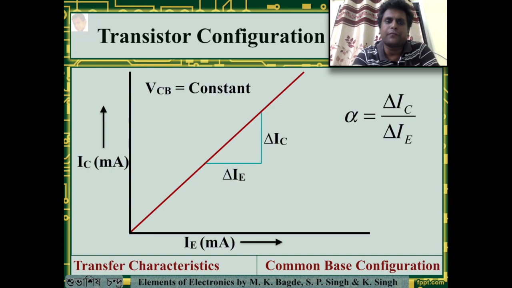Typical values of this common base mode alpha is 0.9 to 0.99. That is, the current amplification factor for common base configuration is 0.9 to 0.99.